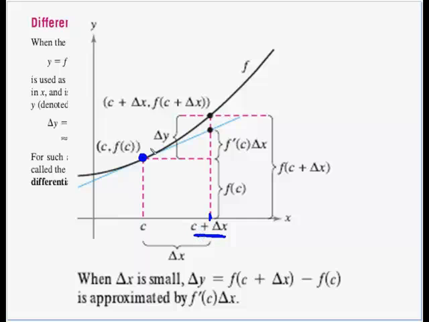Now if we stick to the curve, if I pick this next point on the curve f, this height, we have changed our x coordinate by delta x. So we've changed on the curve to f of c plus delta x. That is the actual change on the curve.